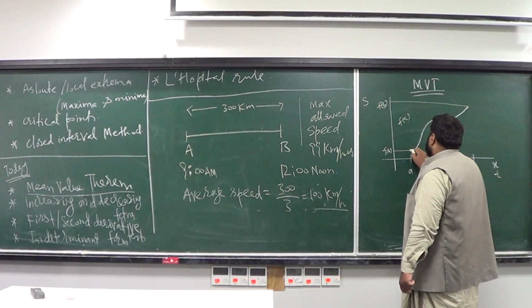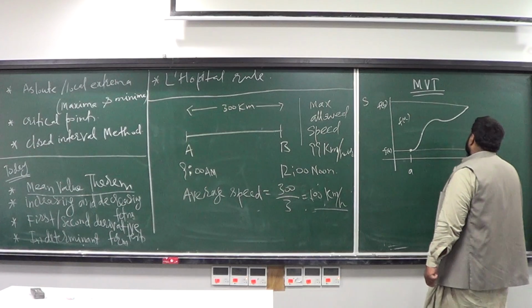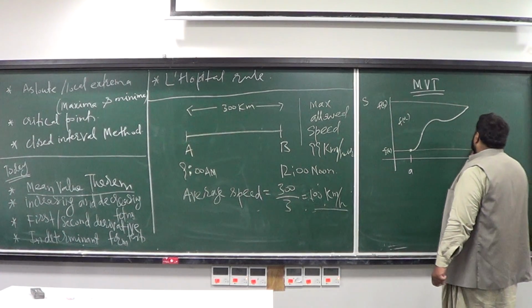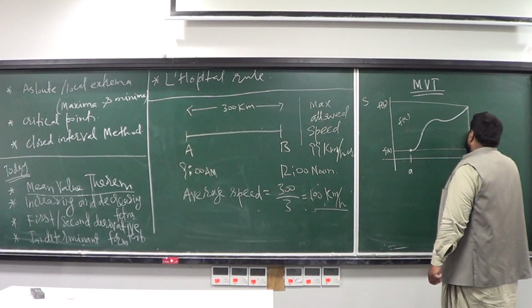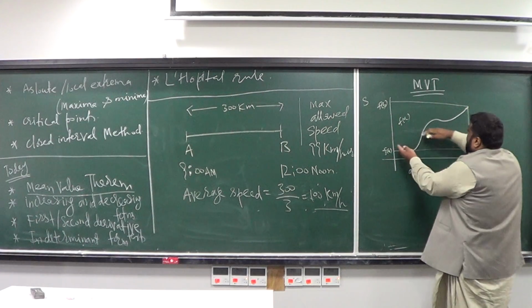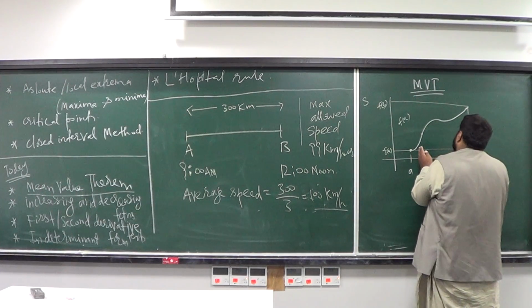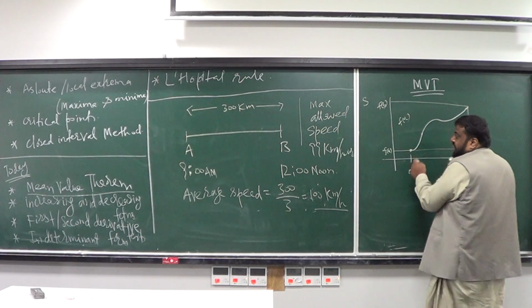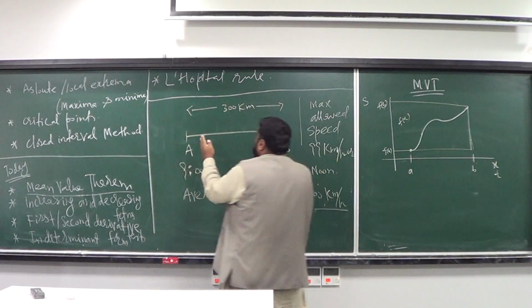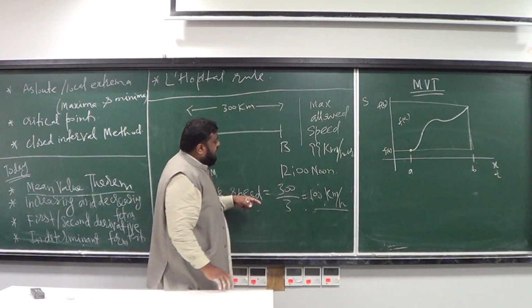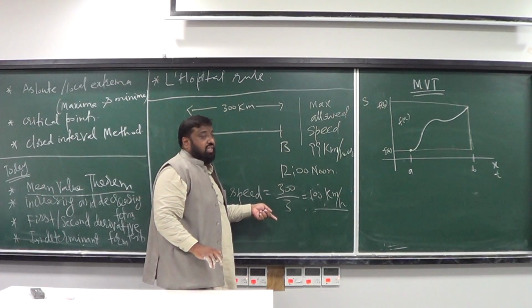You're going to say, how far you have gone and how high you have gone. In other words, how much distance you have covered in how much time. For example, here I covered 300 kilometers in 3 hours. So if I want to compute the average, I need to divide both quantities.